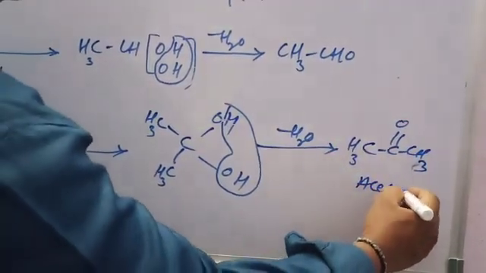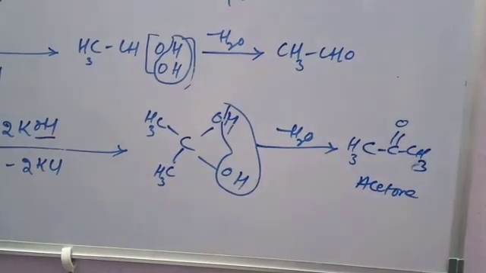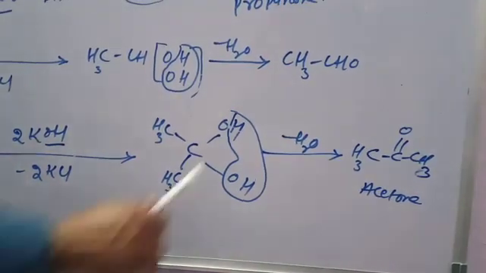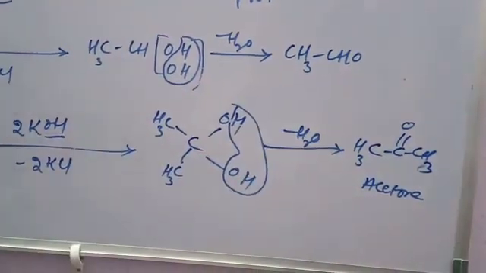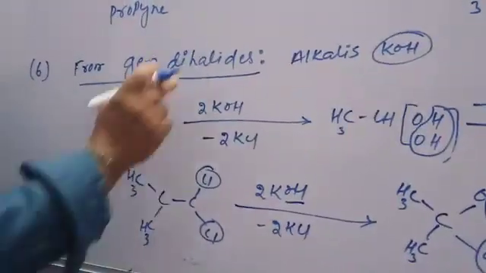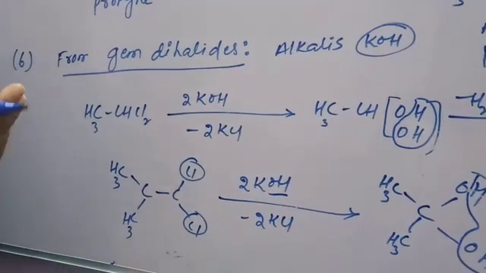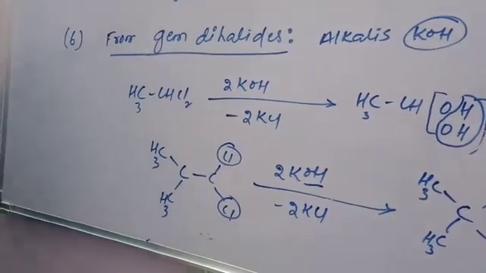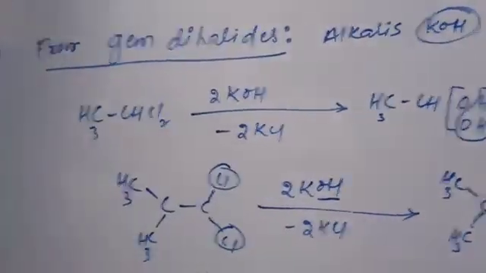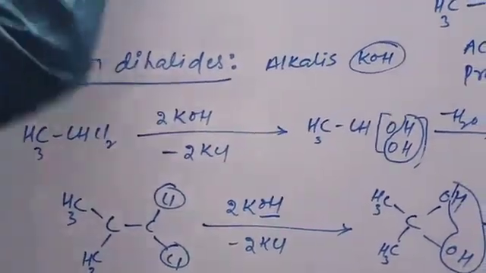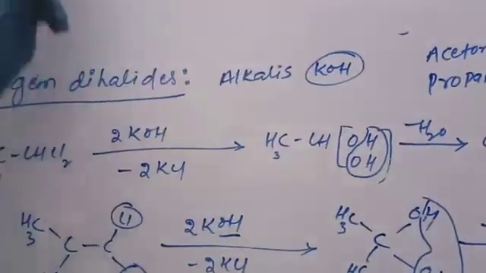The name of the ketone is acetone. So these are the preparation of aldehydes and ketones from gem dihalides. Gem dihalides means 2 halogens are present on the same carbon. So then next preparation method of the aldehydes and ketones.